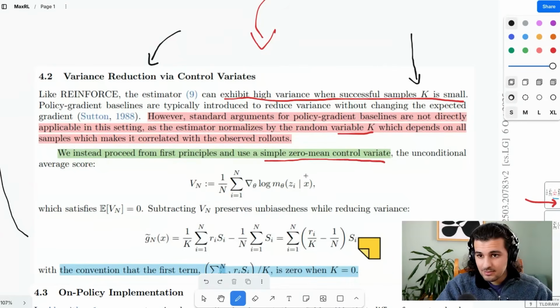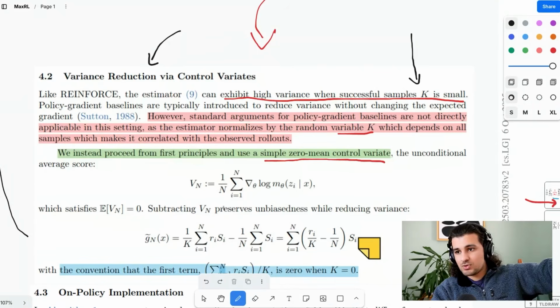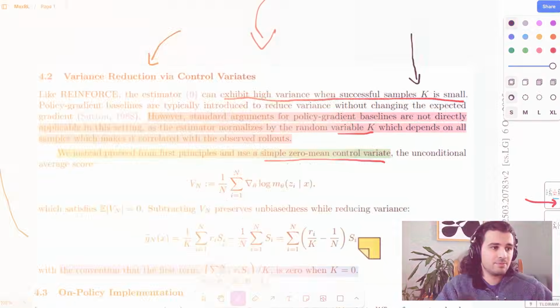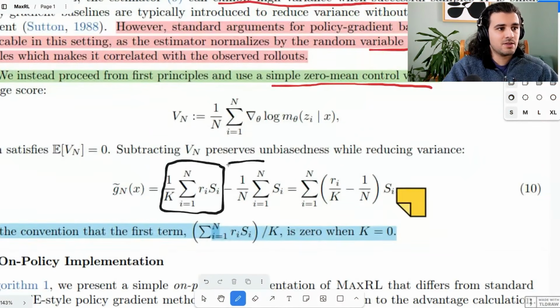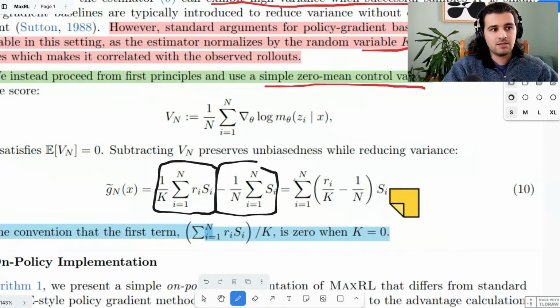Doing that will allow you to learn from the negative samples. So you have the stuff that we just saw, with the k, and then you subtract the n term. This is the control variate that we just discussed, and you get this formula.